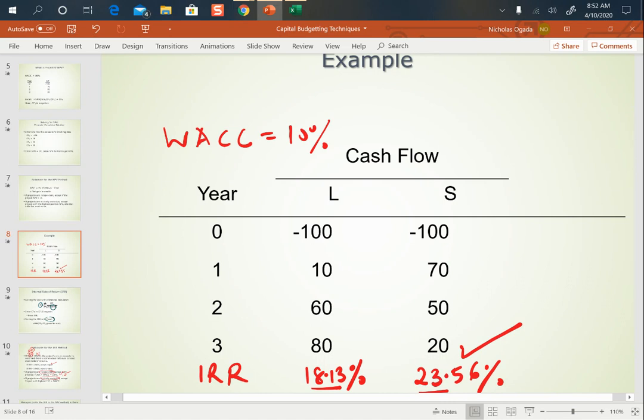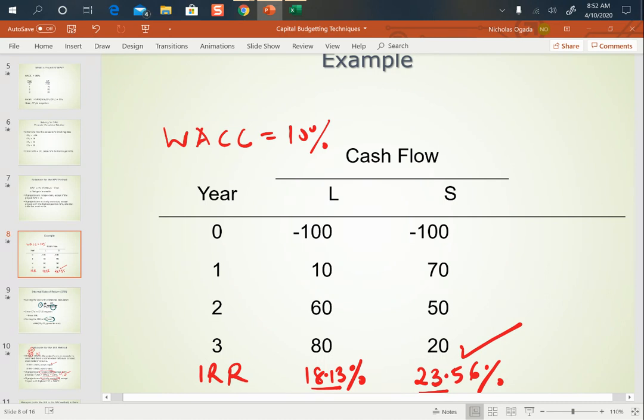versus the 18. But again, remember the assumption here, the cash flows are being reinvested at the internal rate of return and not at the cost of capital. You ask yourself, is that possible?